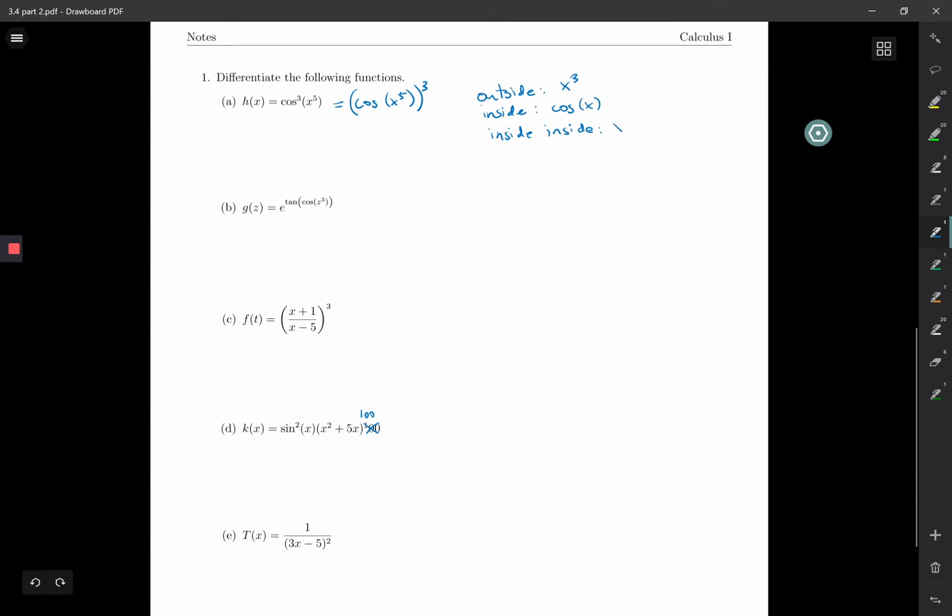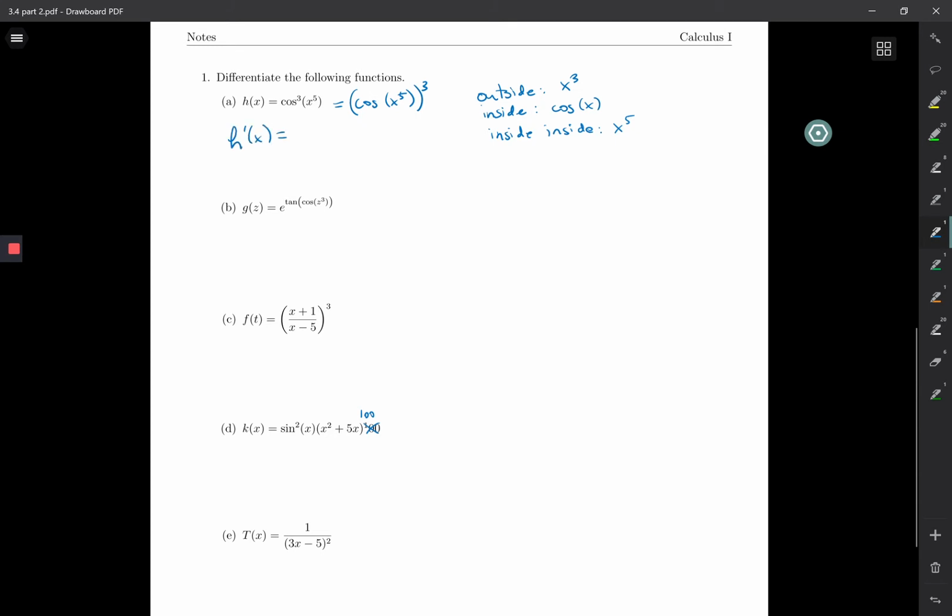That will be x to the fifth. Okay. So it gets kind of tedious when you start trying to list out the outside and inside functions when you have more complicated functions like this. So I'll probably drop this for the next few examples. But you can still do this if you're not yet comfortable with figuring out what is the outside function and inside function by just looking at the function.